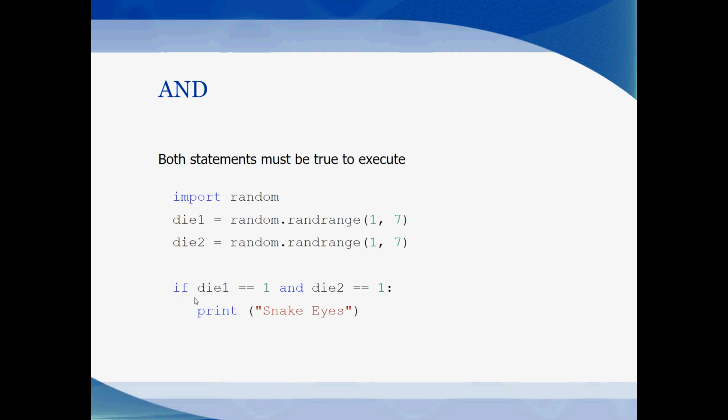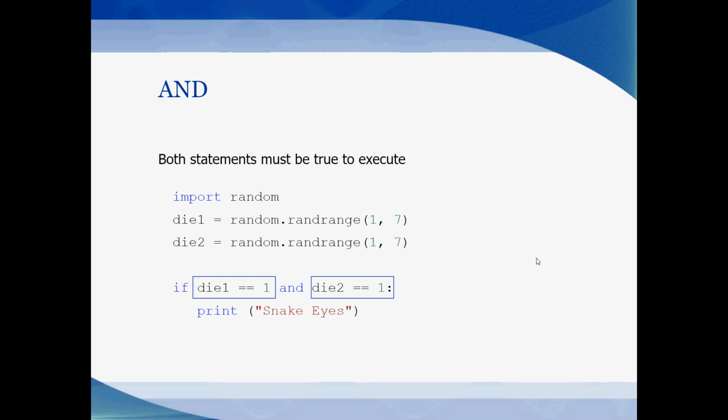In this if statement, I say if die 1 is equal to 1 and die 2 is equal to 1, still have to have my colon, but I've combined these two conditions. So even if die 1 is 1, it might not print this unless die 2 happens to be 1 as well. So in this case, if they roll double ones, that's snake eyes, and it would print out snake eyes. So and combines to make sure both conditions are true in order for it to execute the code that's tabbed over inside the if condition.